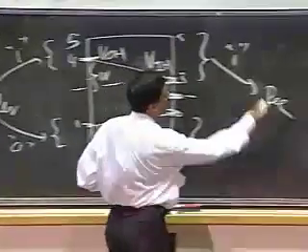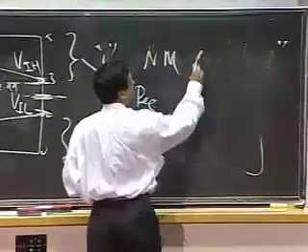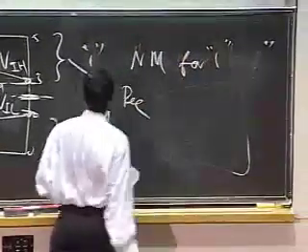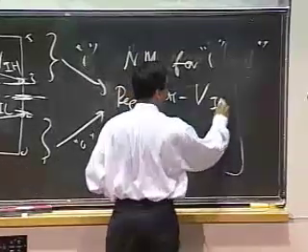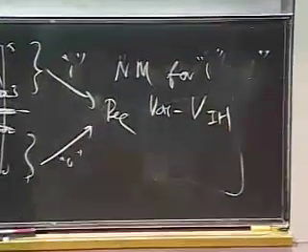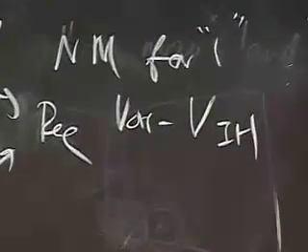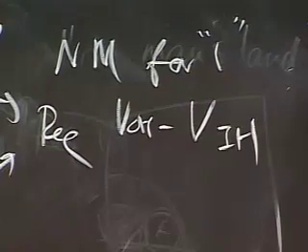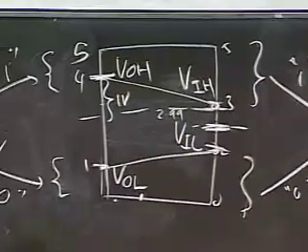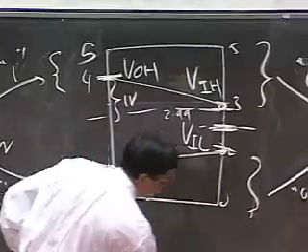So the noise margin for a 1 is simply VOH minus VIH. And the noise margin for a 0 is VIL minus VOL. Okay, VIL minus VOL is the noise margin for a 0.